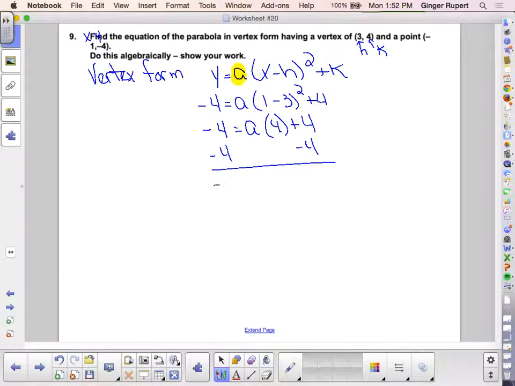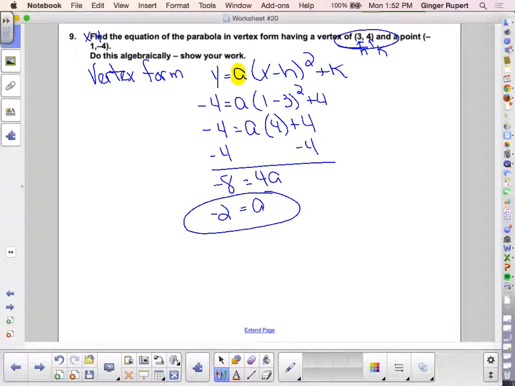I will get -8 is equal to 4a. So a is equal to -2. I now have the value of a, and I have my vertex. I can write my equation. y is equal to -2 (x minus 3) squared plus 4.